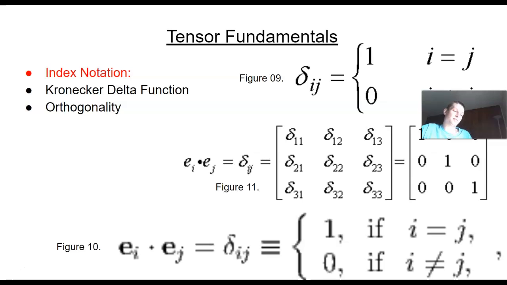Kronecker delta function. If i equals j, such as i equals 1, j equals 1, the function will equal 1. If j is not equal to i, such as i equals 1, j equals 2, the function will be 0. It is a variant of the Dirac delta function used in physics. From linear algebra, we know if two vectors' dot product is 0, they are orthogonal or at 90 degrees or pi over 2.